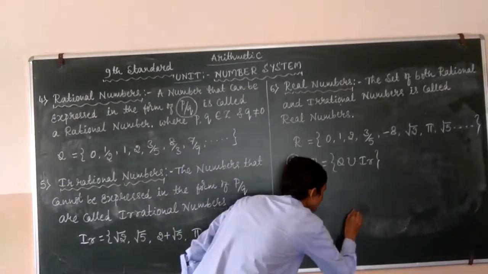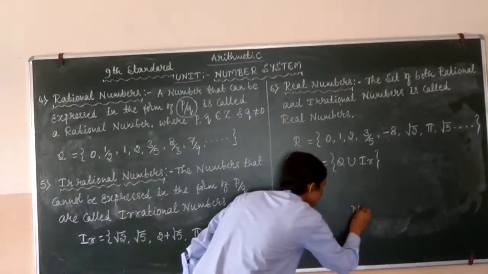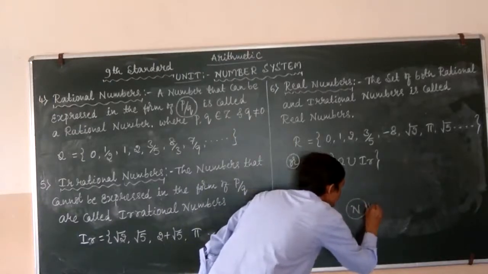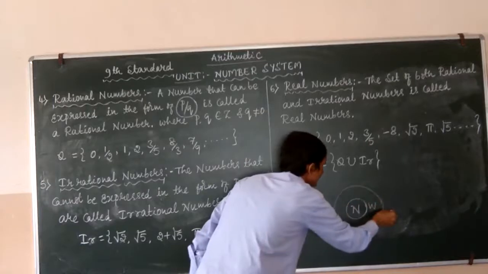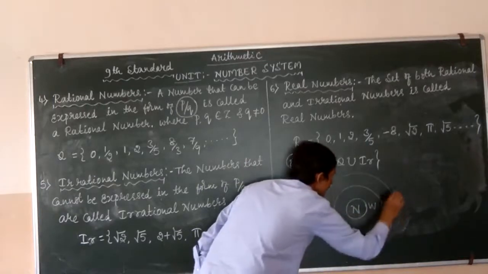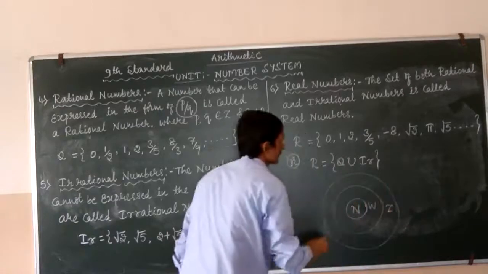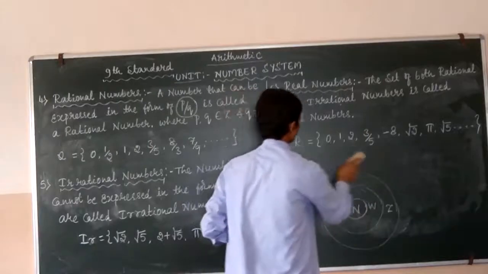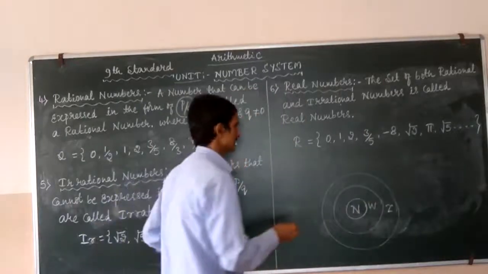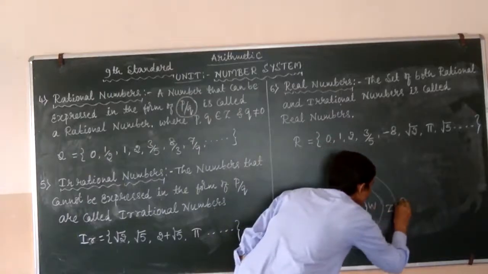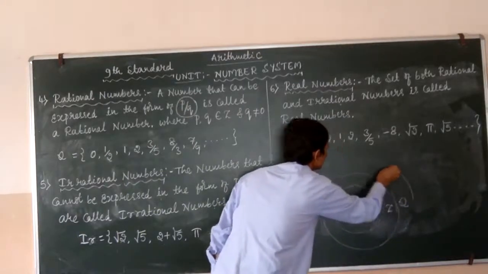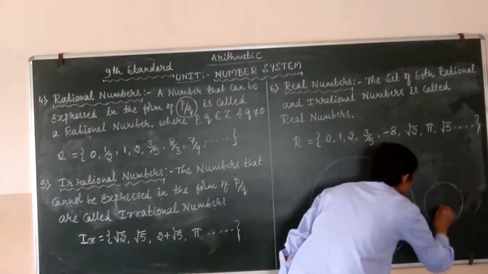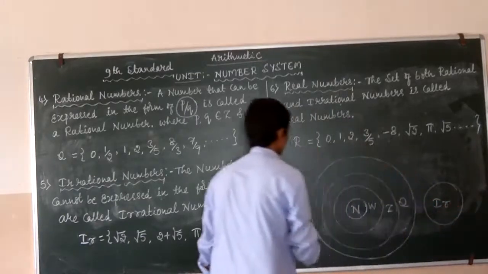So N is the natural numbers, next one is W, and after that we have Z, then we have Q, rational numbers, and a set of irrational numbers.